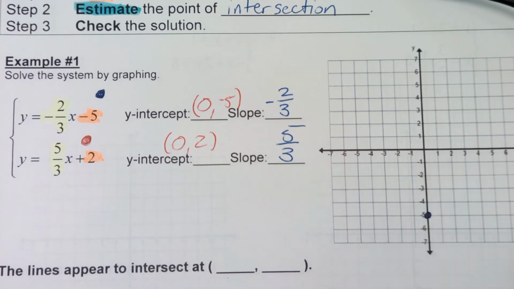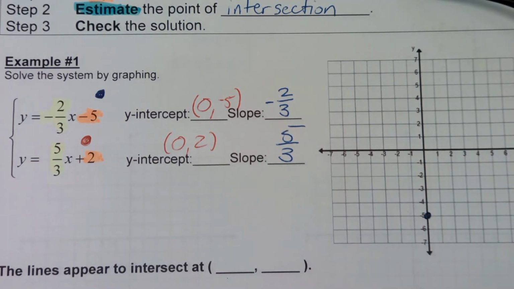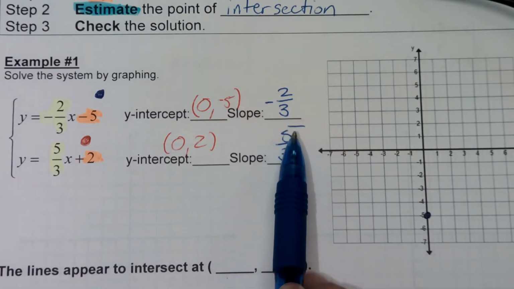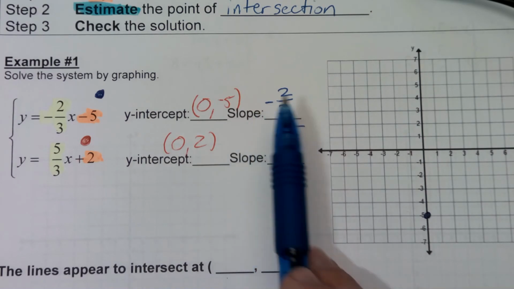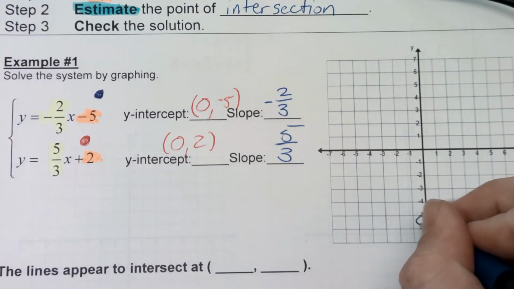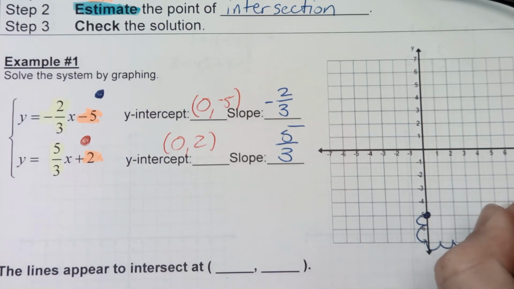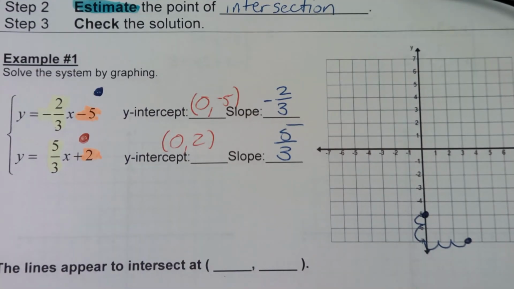Now my slope tells me to go down 2 spaces and to the right 3. And remember, I'm going down because it's a negative slope. So I go down 1, 2, and I go to the right 1, 2, 3. That's my next point. Now I take my straight edge and I draw my line.